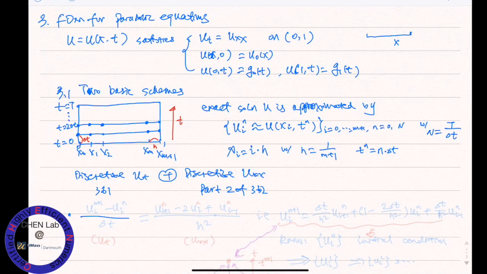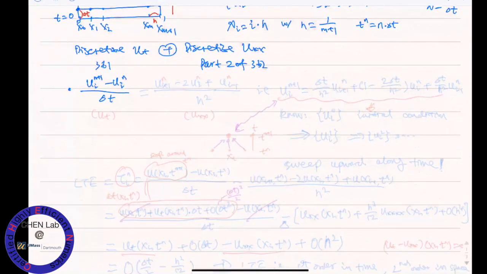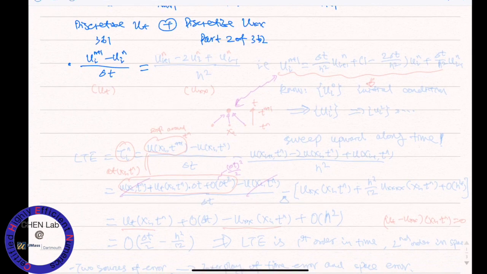Which is u_i^{n+1} minus u_i^n divided by delta t. So our ut is equal to uxx, which is what we just did, u_{i+1} minus 2 u_i plus u_{i-1}, divided by h squared. What's different from the steady state is that this is all at time level n.